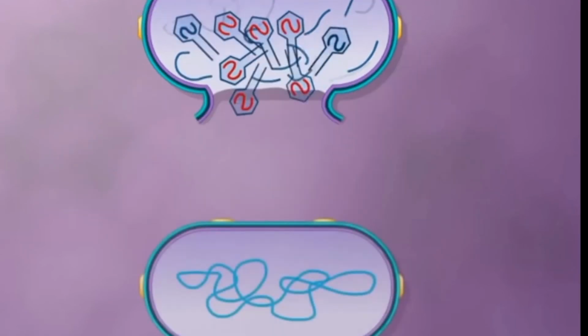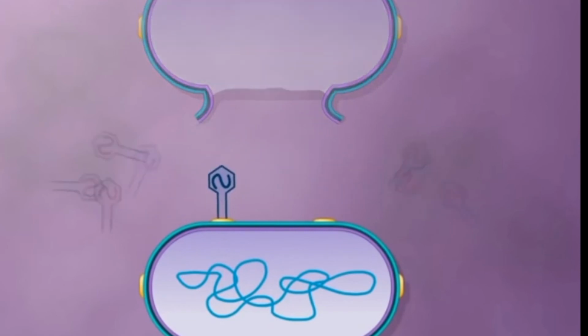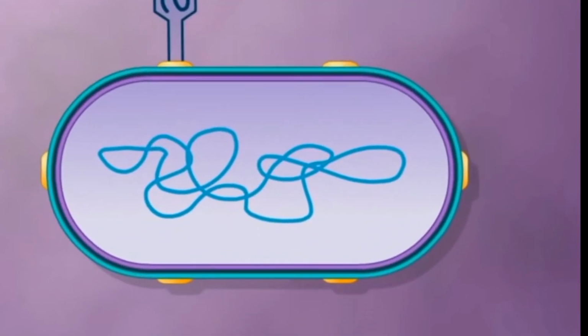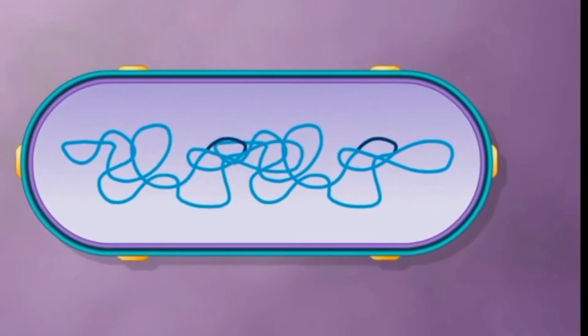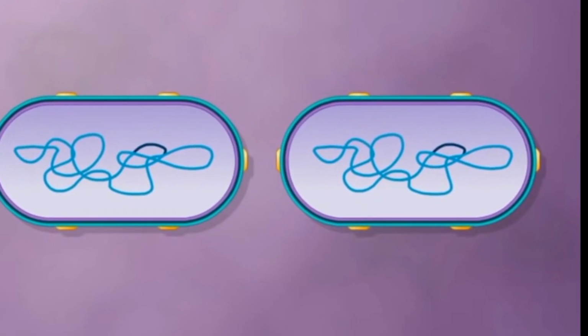Here is the viral DNA and here is the phage DNA. And here is the bacterial DNA, which was carried from the phage. It is inserted again, and recombinant bacteria are produced. Here is the separation of DNA and the recombination, and this type is known as transduction, due to the bacteriophage involved in this process.